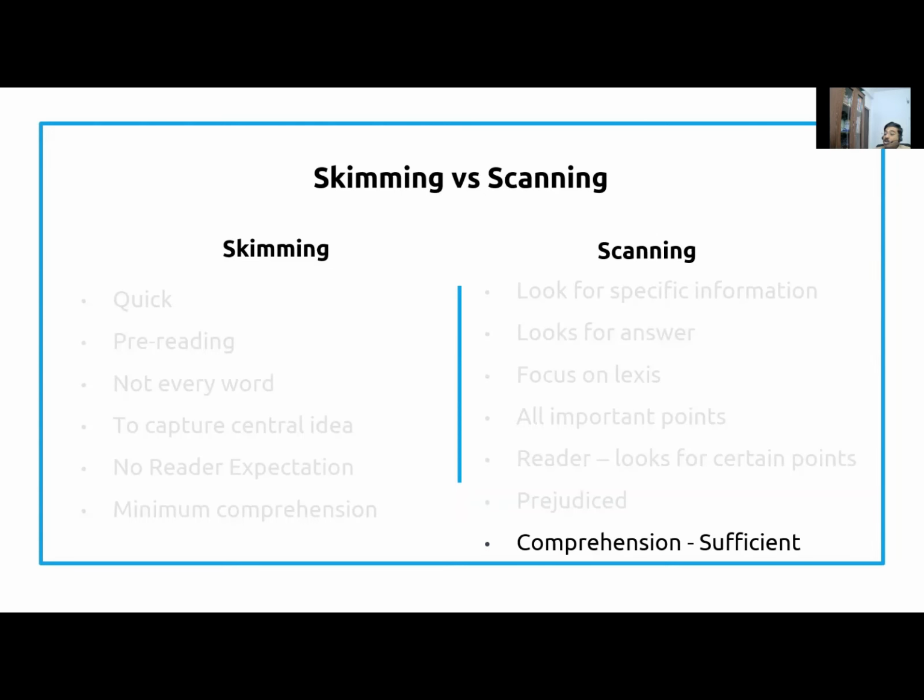In this process, the comprehension is sufficient to judge you and give you marks. So instead of skimming, we rely on scanning rather than reading. Of skimming, scanning and reading, the examiner can usually give you the best marks when he is drawn towards scanning rather than reading.